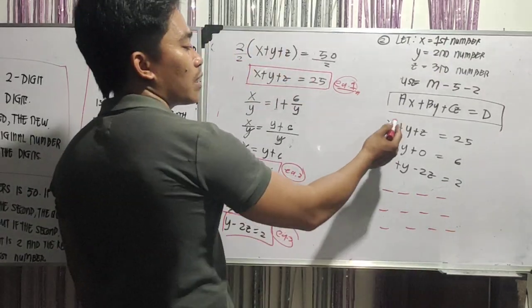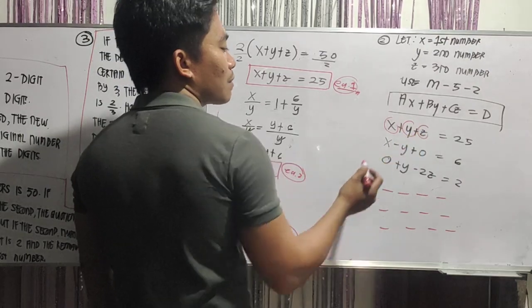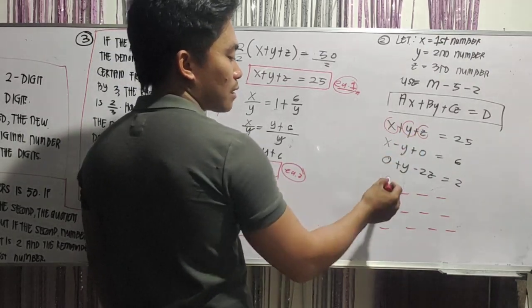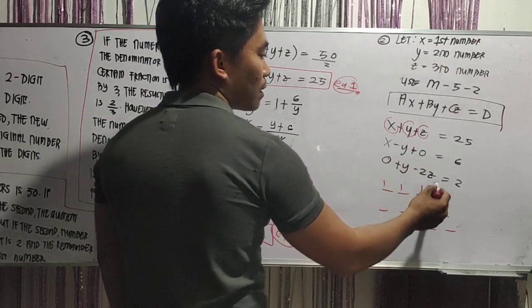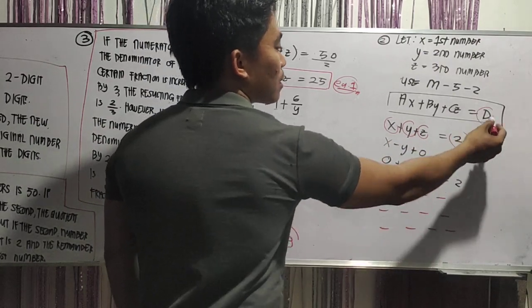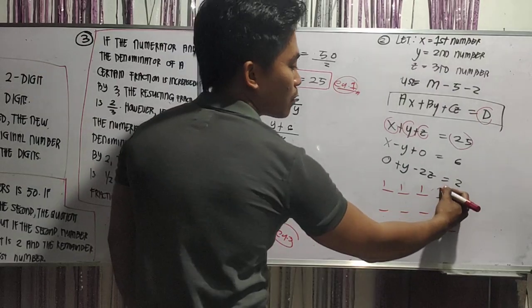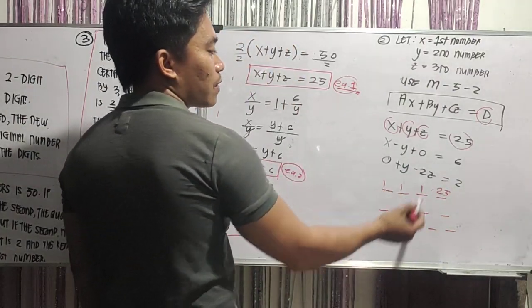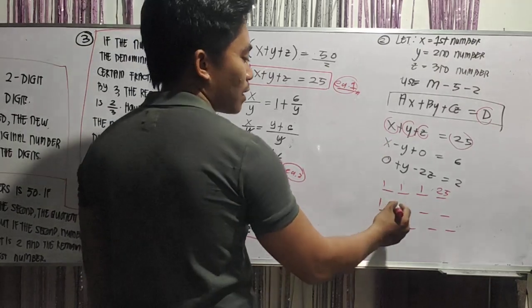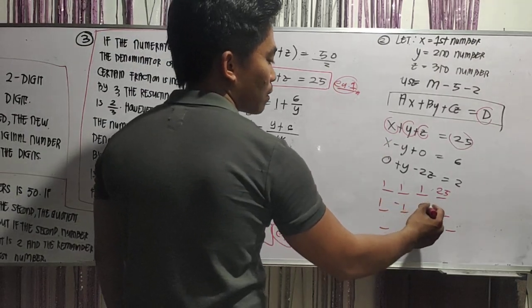Yung gawin mo, pag-input mo yung mga coefficient nyan. So, sa first row, coefficient ni x is 1. Coefficient ni y, 1. Coefficient ni z, 1. Yung d mo dito, which is the constant term, is 25. So, sa calcio, lagay mo dyan, 1, 1, 1, 25. How about this one? It is 1, negative 1, 0, 6.